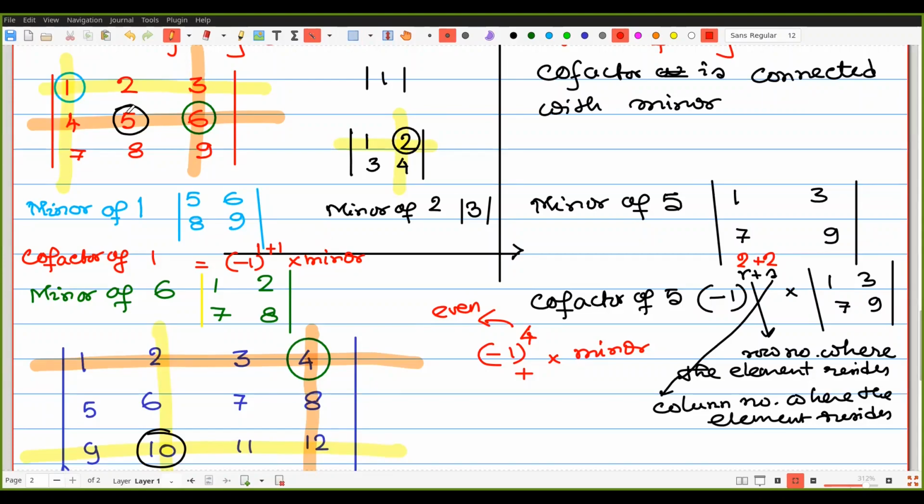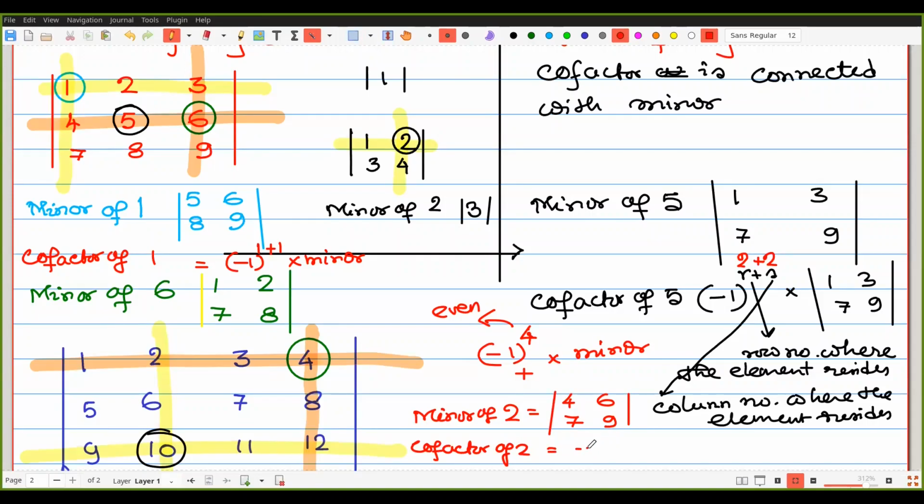Now suppose another element, 2. So for 2 I am writing the minor of 2, that is 4, 6, 7, 9. What is the cofactor of 2?